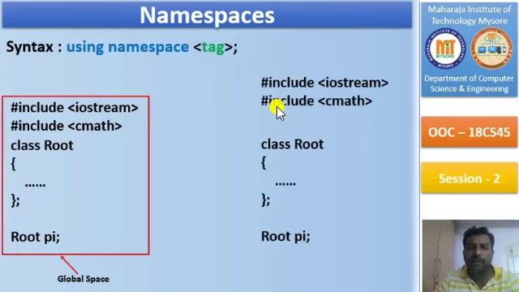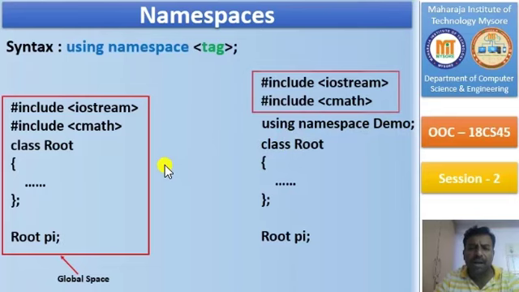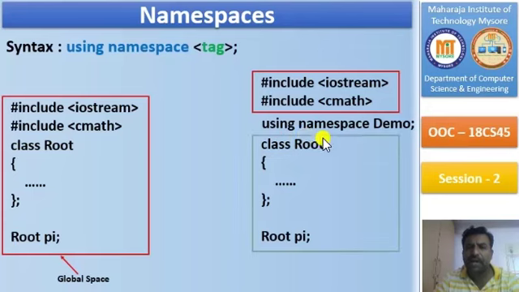Now with the same program, I am going to bring in the concept of namespace. So using namespace, and I give the namespace name as demo. With this, the included part becomes a global space and this becomes a local space for me. This is the global space, this is the local space.